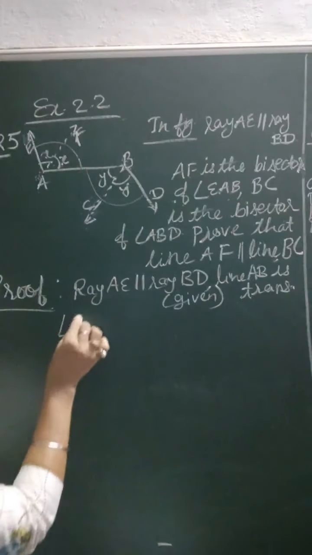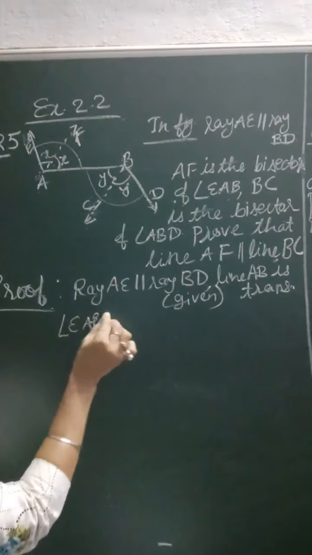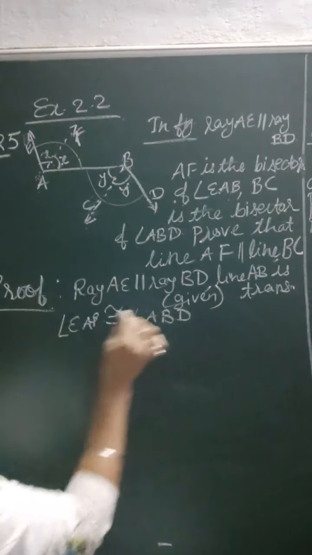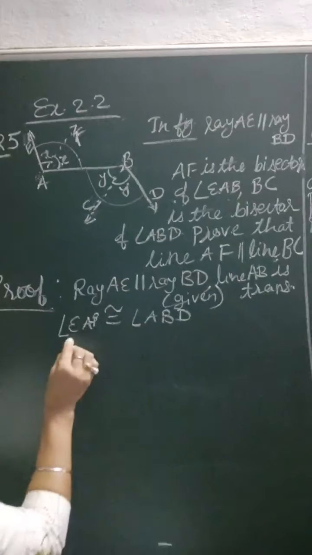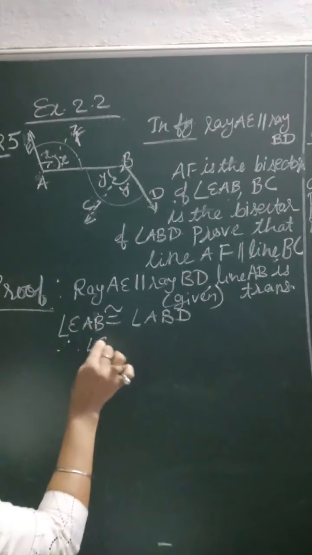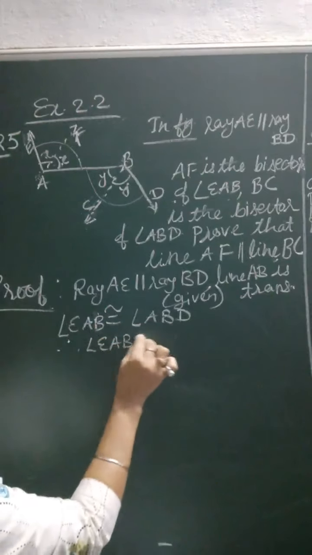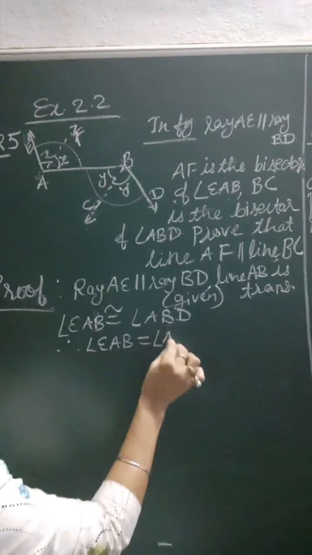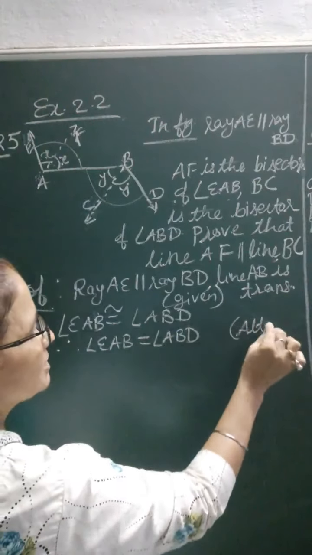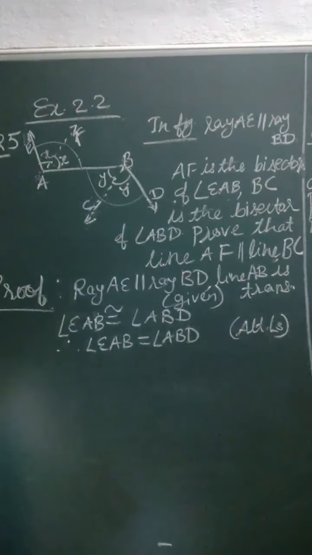So let's write angle EAB is congruent to angle ABD. Therefore, now you know if the angles are congruent, it means the angles are equal. So angle EAB is equal to angle ABD. And write the reason: this is a pair of alternate angles.